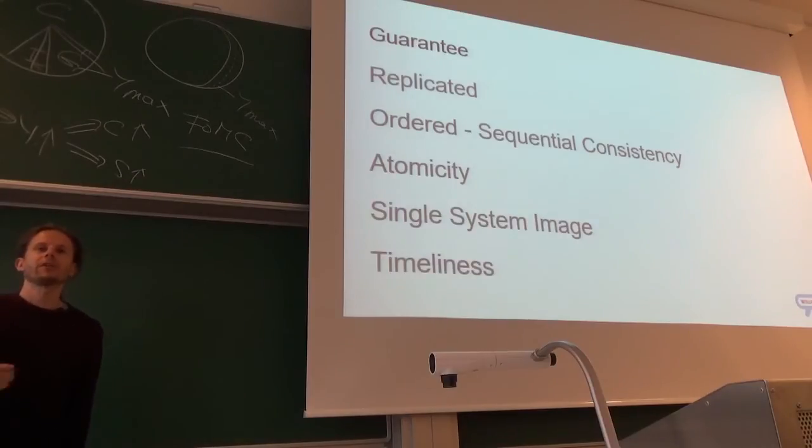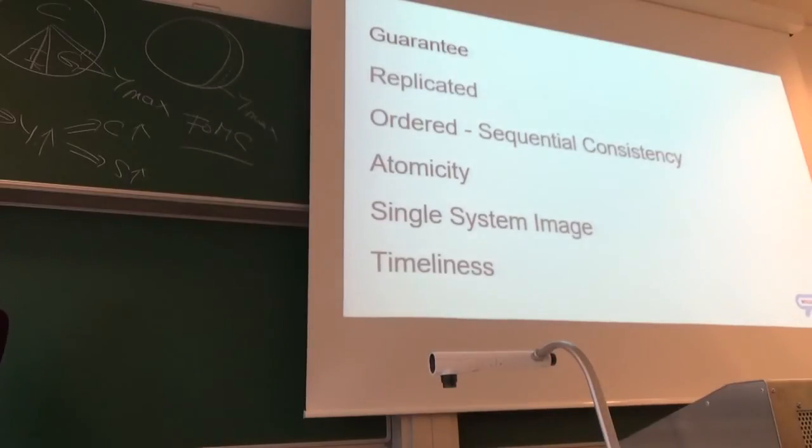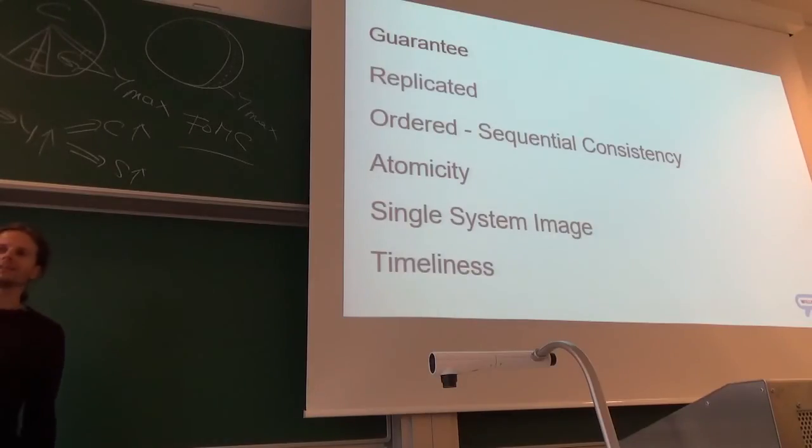It also guarantees you a single system image. What does that mean? If you have a distributed system, it could happen that you have different views of a system because different parts of the system can be in different states because of synchronizing stuff between the nodes. So I write one data to one node, and at this time, if I'm going to this node, then I have one image of the system.